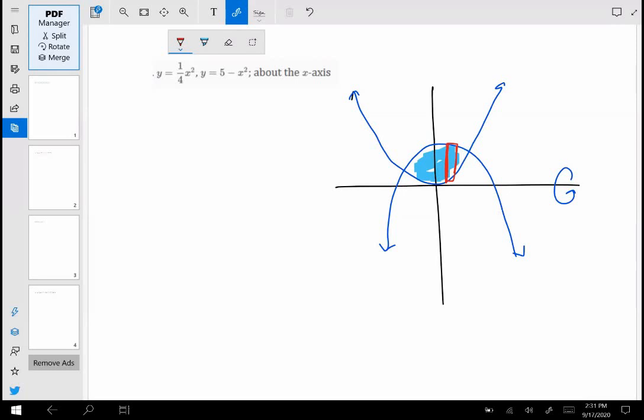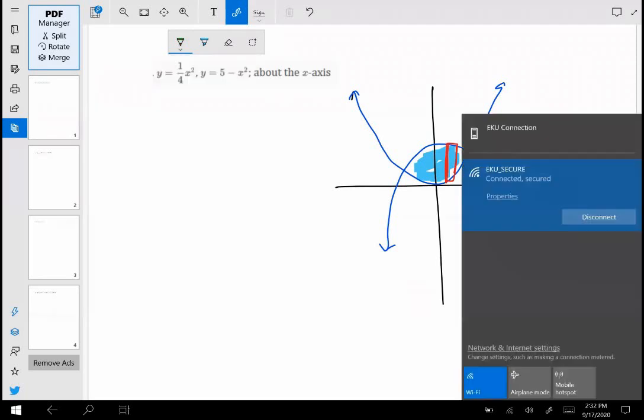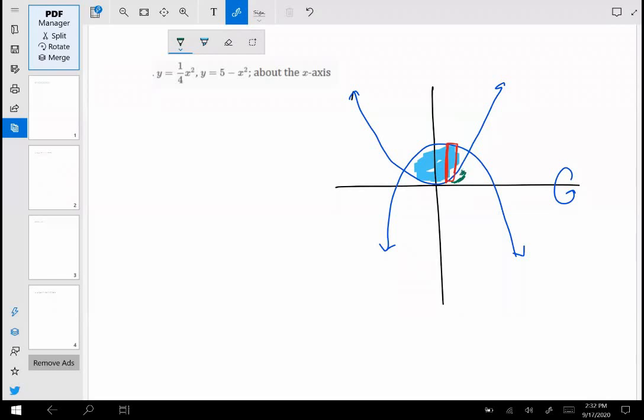Now, advantages of that would be the height of that disk is pretty easy because it's always bound. One function is always on top, the other one's always on bottom. Okay? But we do have to be a little bit careful because we have this space that's underneath that we have to subtract out, right?